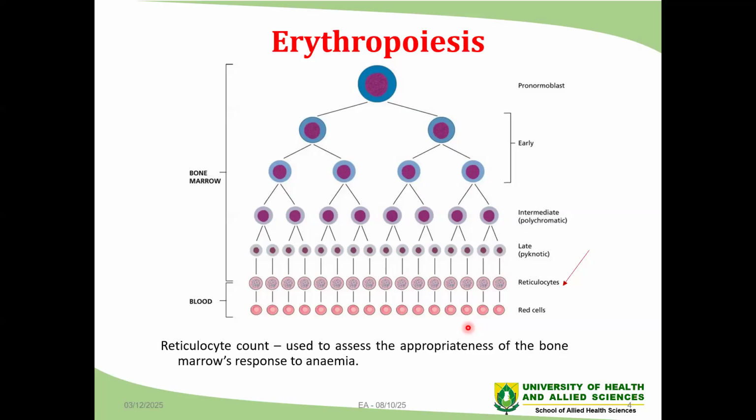And so when you're able to assess the number of reticulocytes in the blood, it gives you an idea as to the health of the bone marrow, telling you whether the bone marrow is capable of correcting the anemia, of bringing in new red cells to replace the lost ones. So that is the reticulocyte count.